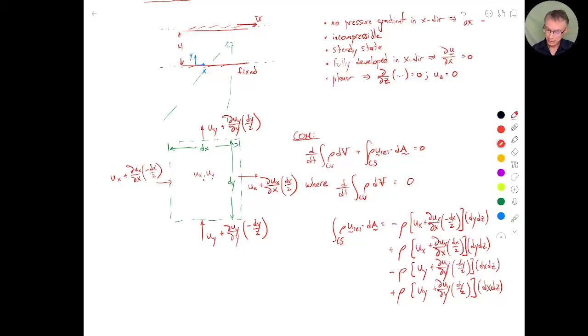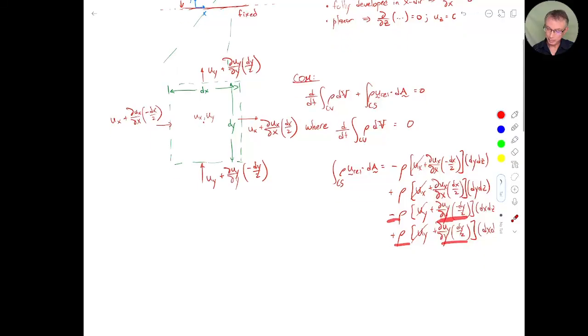First of all, you'll see this ux will cancel with that ux. This uy will cancel with that uy. And then this dux/dx term, you'll see there's a minus and a minus, so that makes it positive. And then that'll add together with this dux term. And the same sort of thing with the duy/dy term. This minus and a minus will add together with this one.